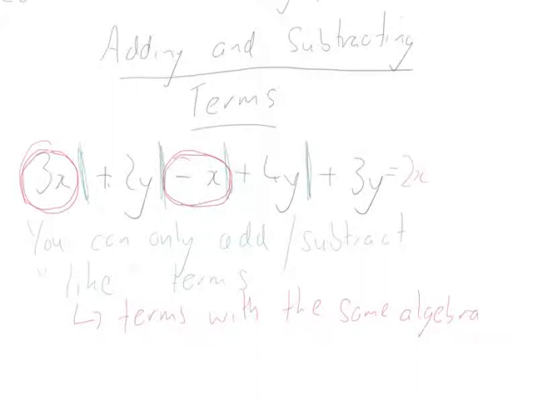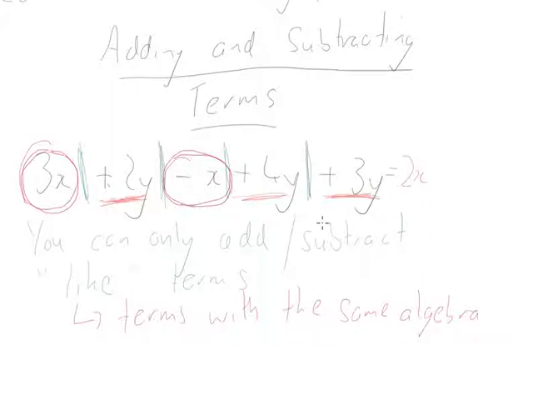And then for the y's, my second term there, I've got plus 2y here. I've got plus 4y here and plus 3y here. You want to identify nice and clearly what the different terms are. So here I've identified the 3x terms with the circle, the x term there with the circle, and my y terms here underlined.